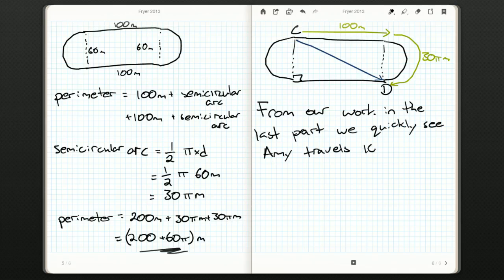So Amy travels 100 plus 30 pi meters. 100 meters, 60 meters.